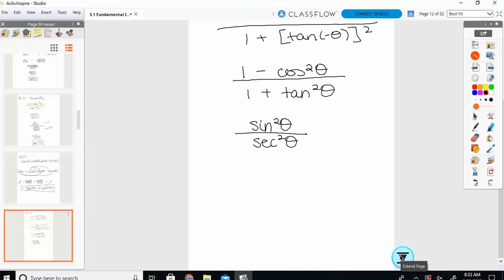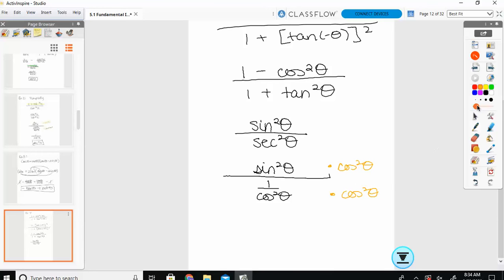We're close, but we could probably still clean this up a little bit. What could we do? Change secant. Yeah, what could I change secant to? Okay. So because it's secant squared, that's 1 over cosine squared. So we can use the same trick that I did on that other problem. If we multiply the top and the bottom by the same thing, it's legal.